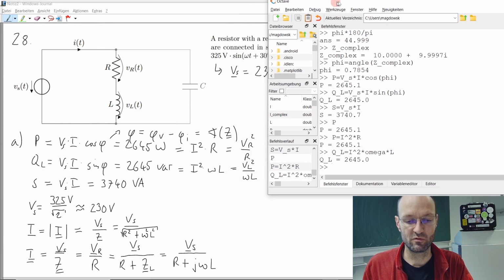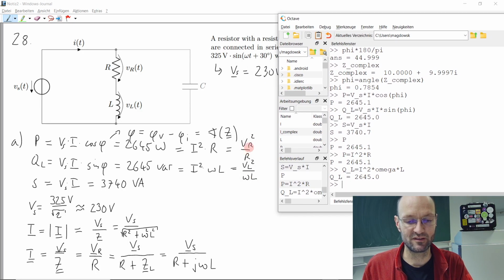So we could also try out the next equation here with the voltages. How can I calculate the voltage across the resistor, and how can I calculate the voltage across the inductor?